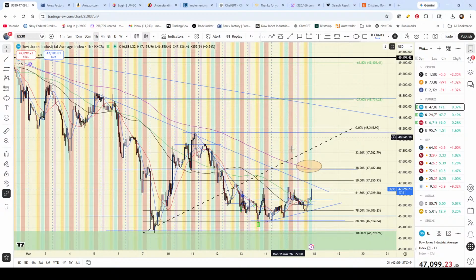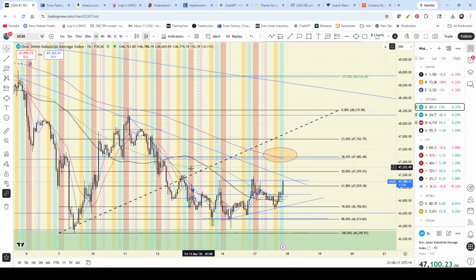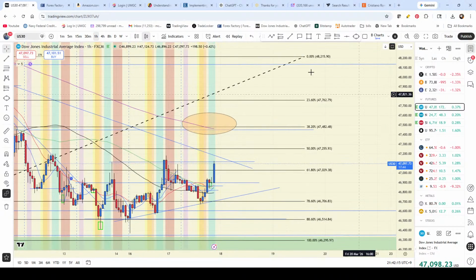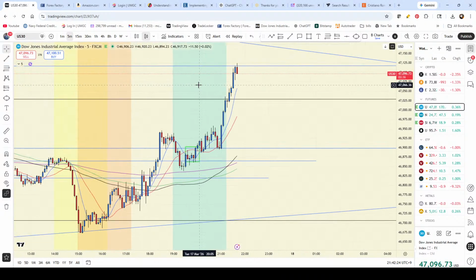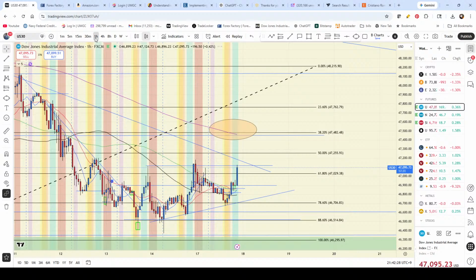I would really want to wait and see how this hour candle closes before I start going down to lower time frames and seeing if I should get out and possibly getting some sales. But for right now, I am going to stay bull until I see how this candle closes.